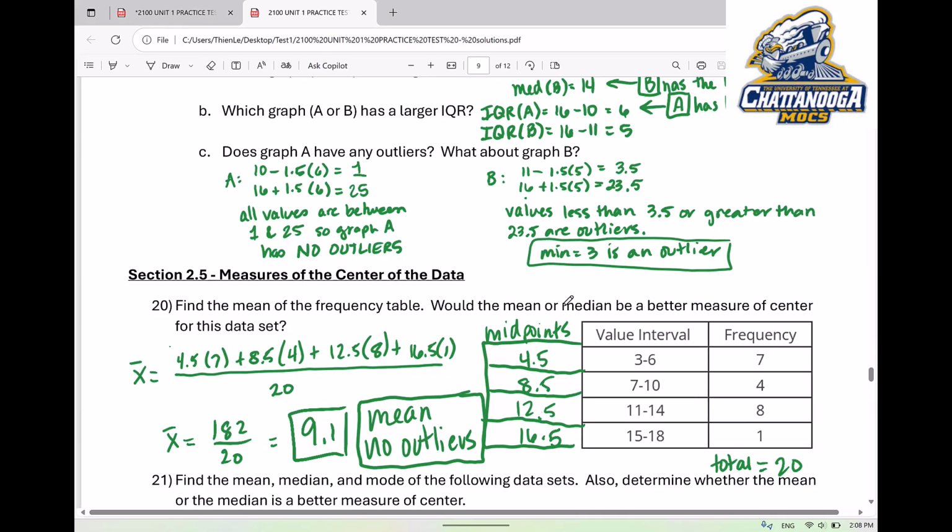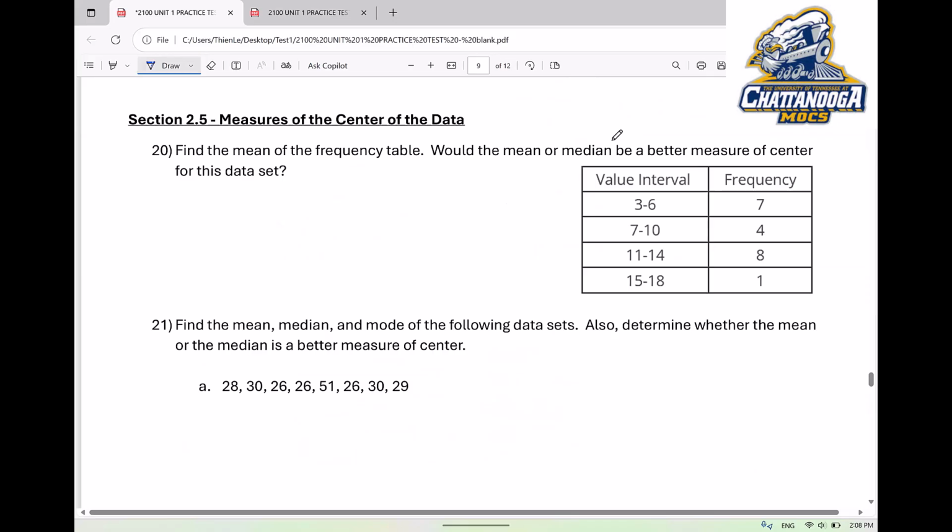In this case, the next question is whether the mean or the median is the better measure of center for the data. This data set is unclear as to whether we have an outlier or not.